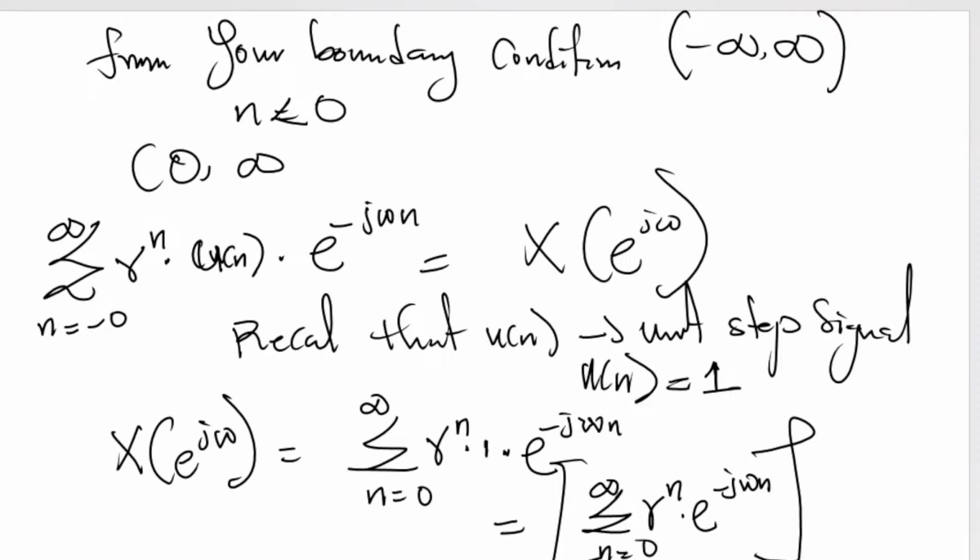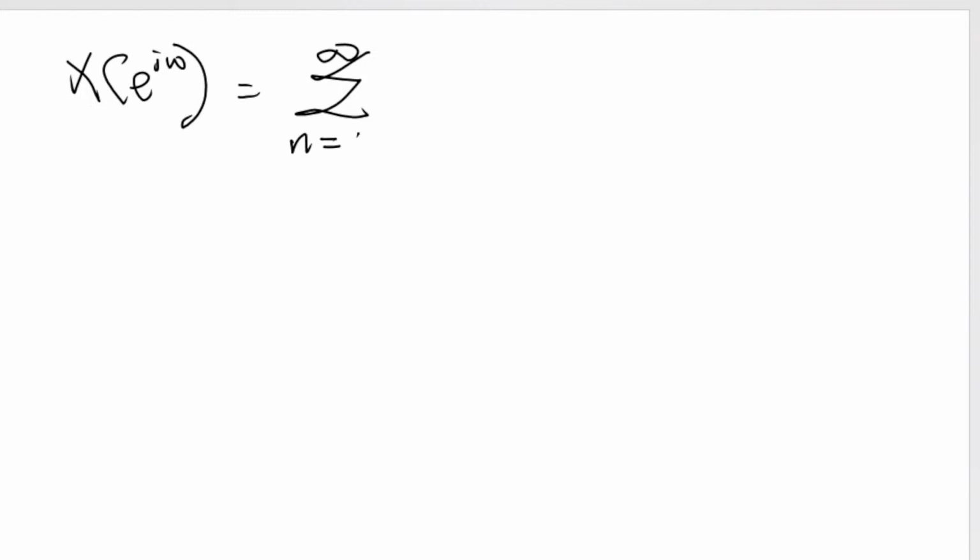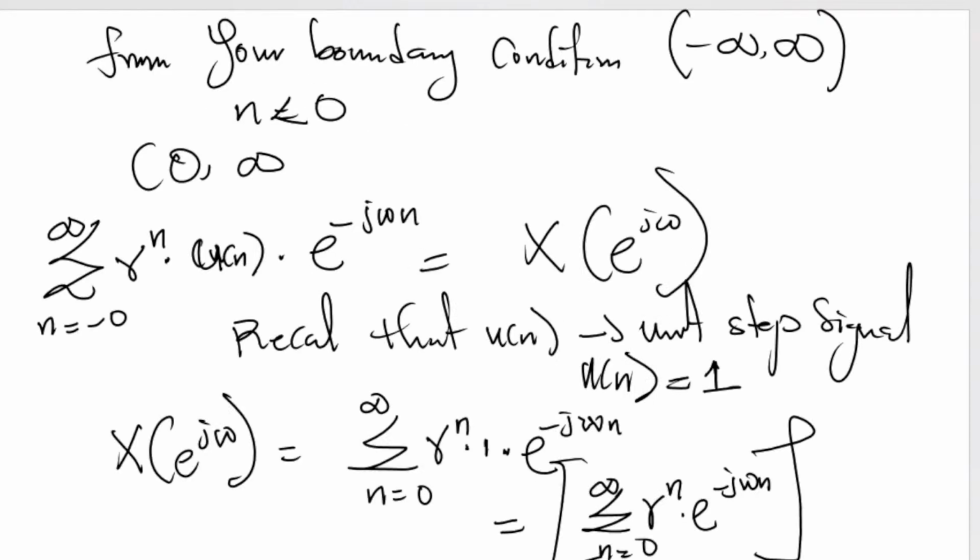So if you take one n outside, you simply have the new value for your frequency domain, X exponential jw, equal to the sum from n equals 0 to infinity. Remember, we want to simplify this by taking n outside.